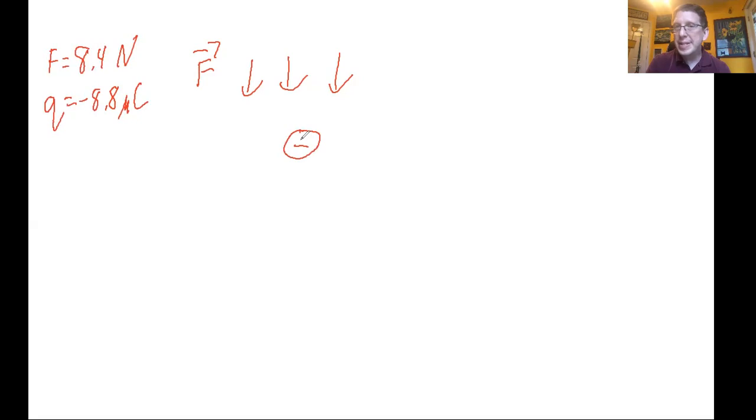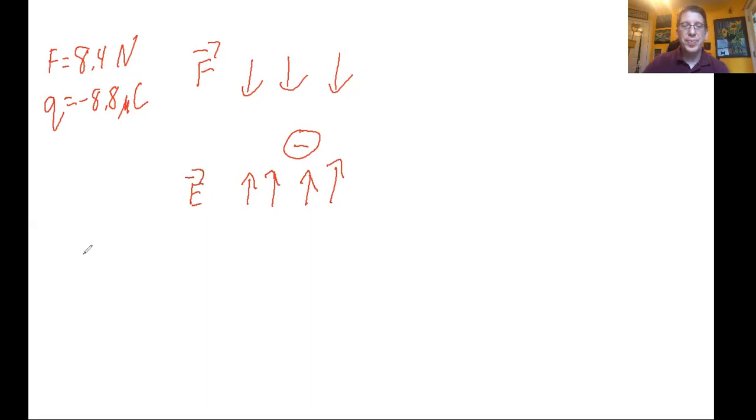So the force is acting on a negative charge. If the test charge is negative, so the test charge is this object that's moving within the electric field, then the electric force and electric field vectors point in opposite directions. So the electric field vector points upward. So we know the direction of the electric field.